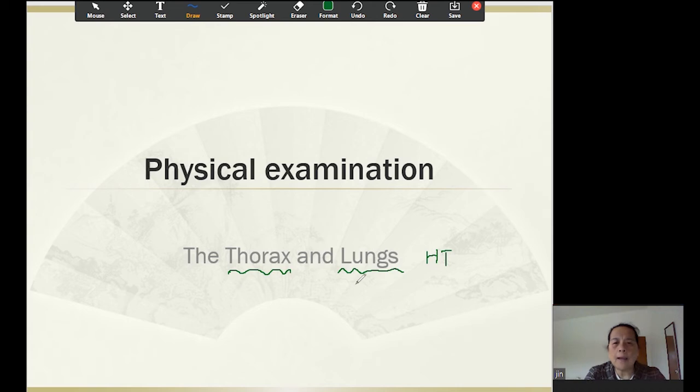With Western diagnosis, we make physical examinations. We have 4 ways. One is looking. Two is palpation.